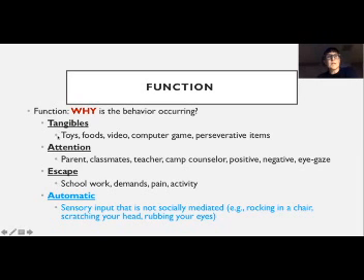So these three right here are socially mediated. So there has to be a person involved to reinforce those functions. This one here, the individual will engage in the behavior even if they're all alone in a room. They will still engage in that behavior. We see people constantly say, oh, they're doing this because it's a sensory need.